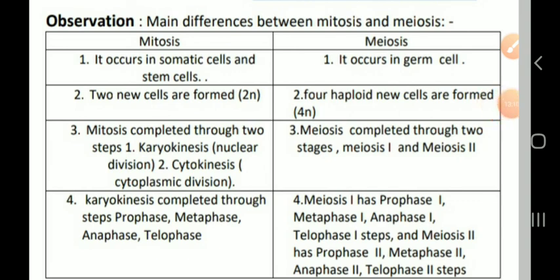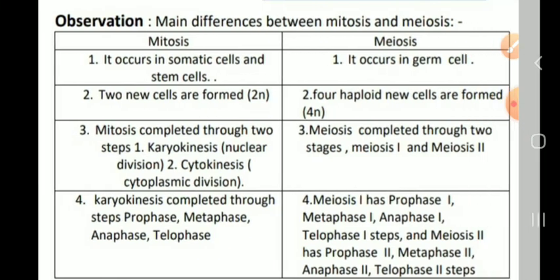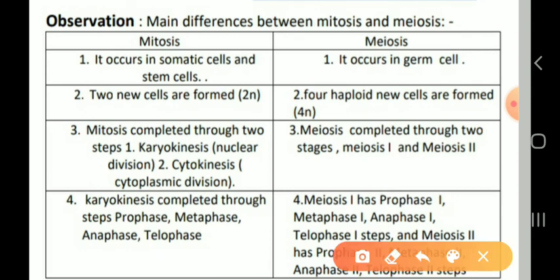So children, you can see here the main difference between mitosis and meiosis. Now, if you write this, you will get better marks, because here it is nicely explained. So for mitosis, you can see here, children, you can stick one small page and write there.